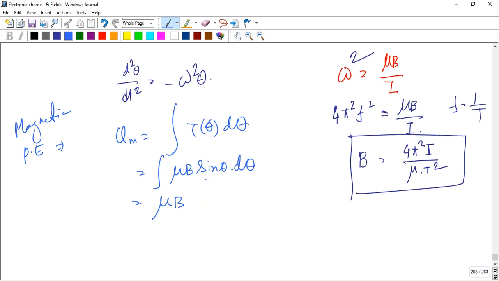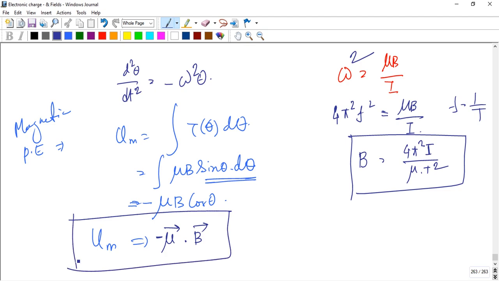So the integration of sine theta d theta gives minus cos theta. You see that it looks like mu vector, the magnetic moment, dot B, with the minus sign. That's the magnetic potential energy.